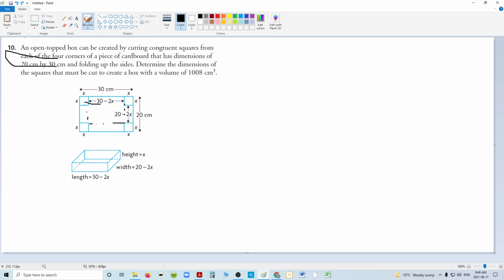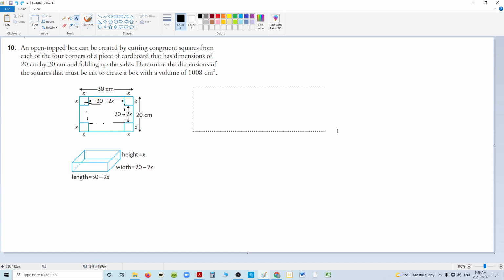So you start with a piece of cardboard, 20 by 30. Then you cut out corners, square corners, x by x. And then you got to determine the dimensions that are possible to give you 108 cubic. So once you determine the dimensions and you realize volume is length times width times height, you get a possible formula. Okay.